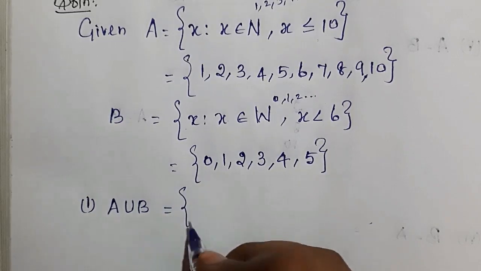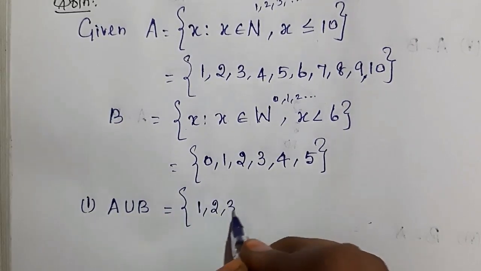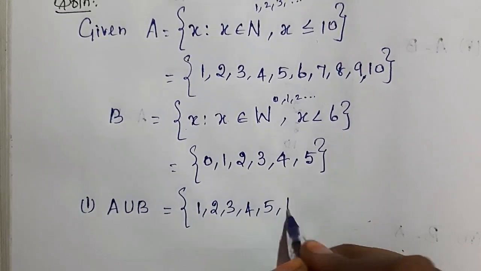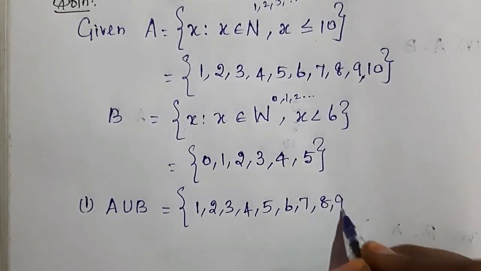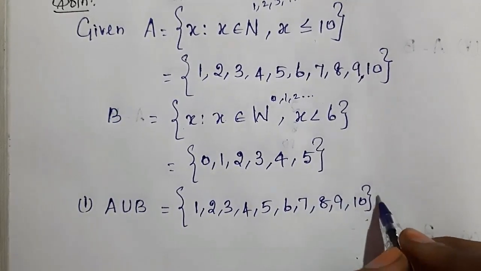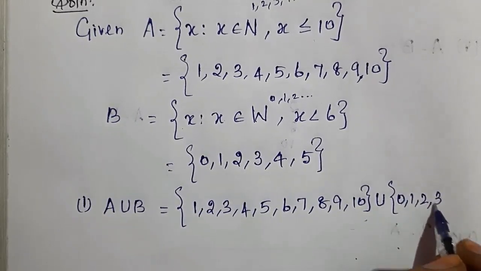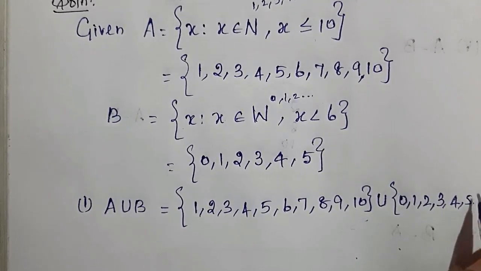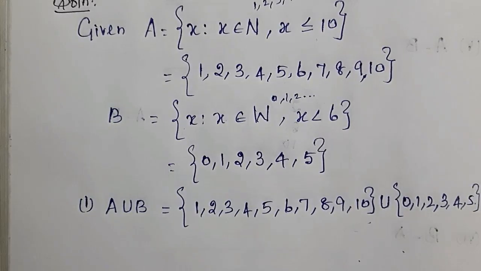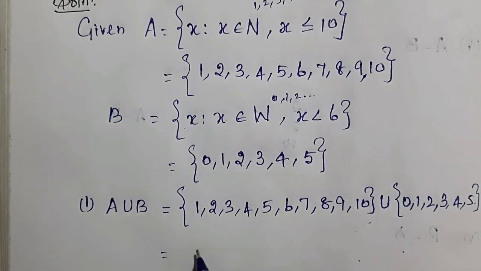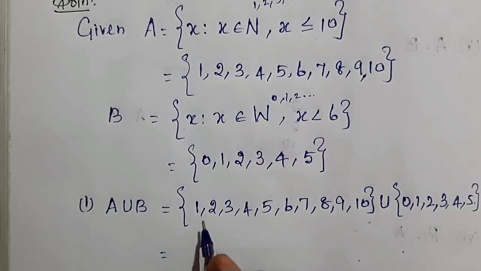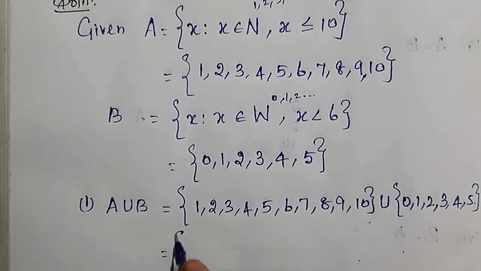Otherwise, first you write A set 1, 2, 3, 4, 5, 6, 7, 8, 9, 10. Then union. Next, you write the B set 0, 1, 2, 3, 4, 5. That's all. Okay. So union means you have to collect all the elements from both sets, but we should not repeat the elements.